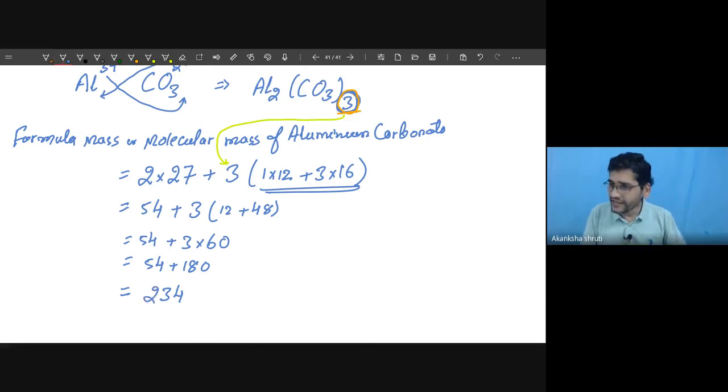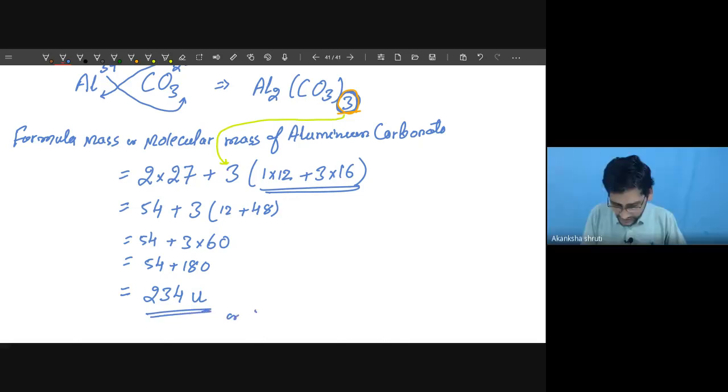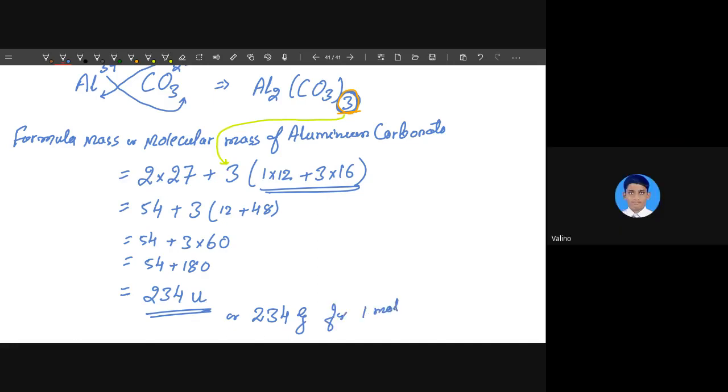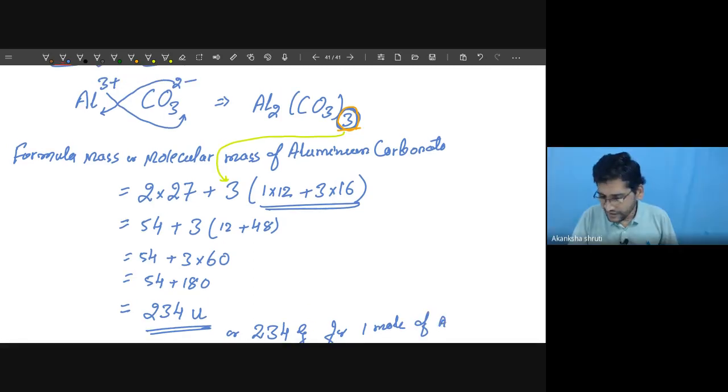So what will be the unit? We can put 234 U, or 234 g. Then we shall put g for 1 mole of aluminium carbonate. Okay, it is important.